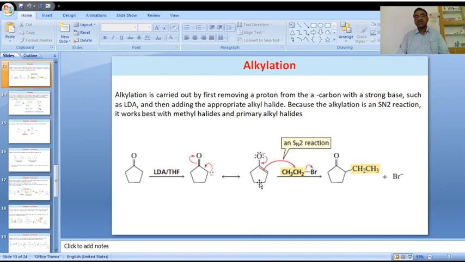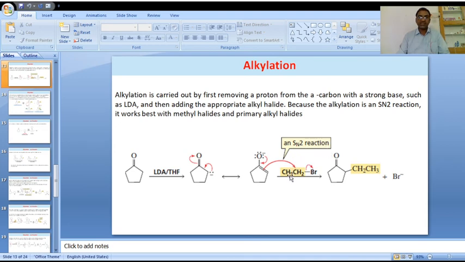Here, what happens on reaction of this enolate ion intermediate with the alkyl halide, here ethyl bromide? This is an SN2 reaction.